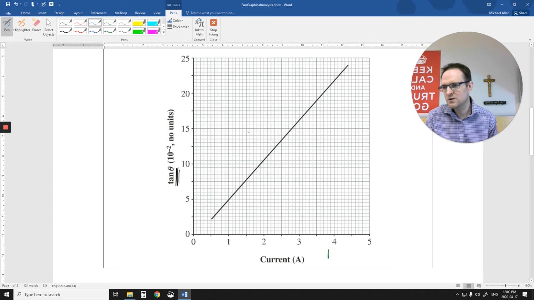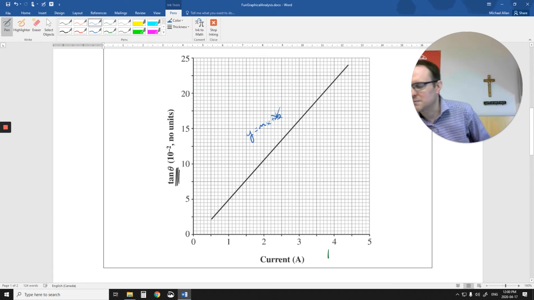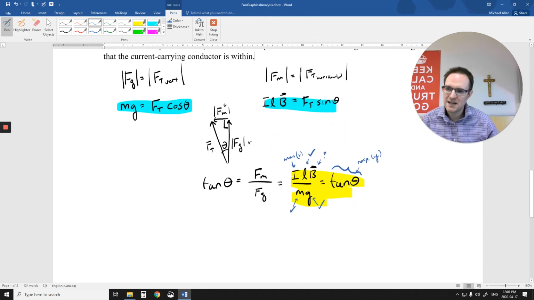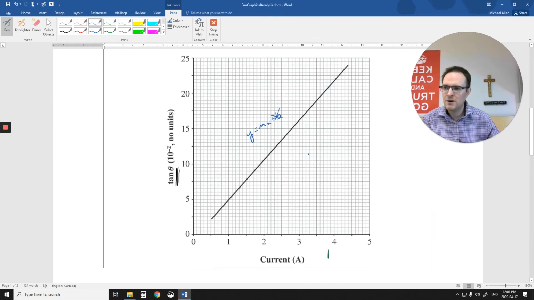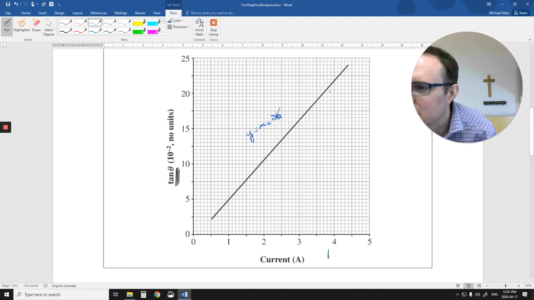Okay, so there's a couple ways we could do this now because this is a nice linear line. We can relate this to y is equal to mx plus b, and it looks like it's going to cross the origin, so the b is not there. So I can rearrange this equation, but I can also just rearrange it for how I would calculate my slope. It would be rise over run. So first of all, let's find some good points here to calculate my slope with.